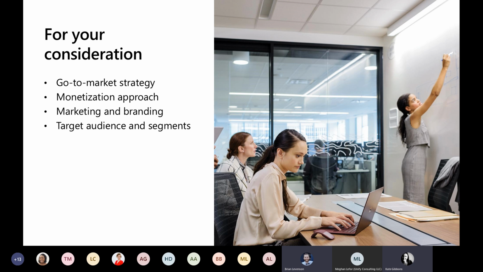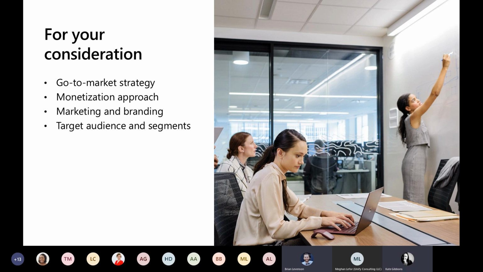Do you have a go-to-market strategy? How have you monetized your product? Do you charge a flat rate on a monthly basis or an annual basis? Or do you charge based on the customer's usage of certain features and functionality?